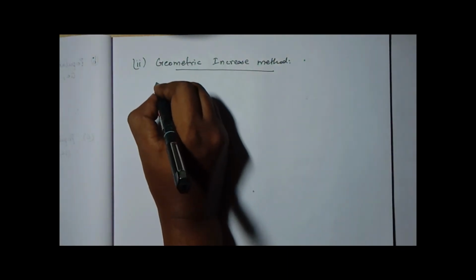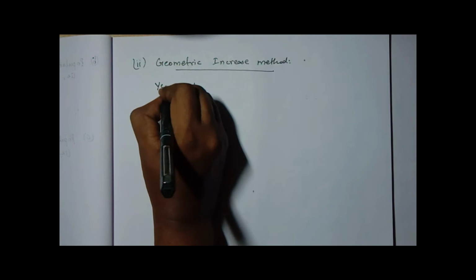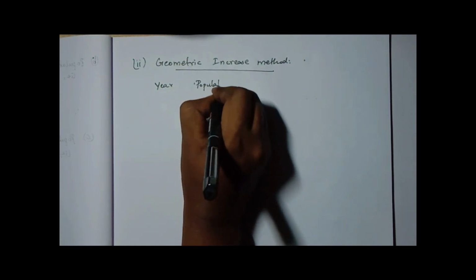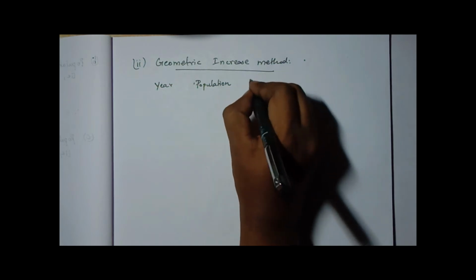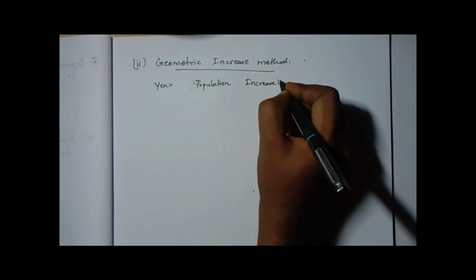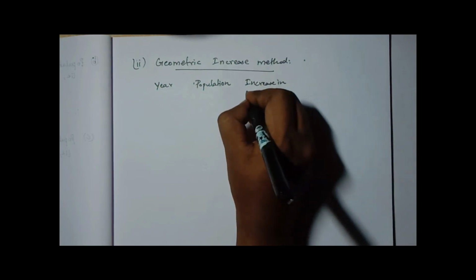So similarly, for geometric increase method, we need to put a table or column. Here, population, increase in population in each decade.